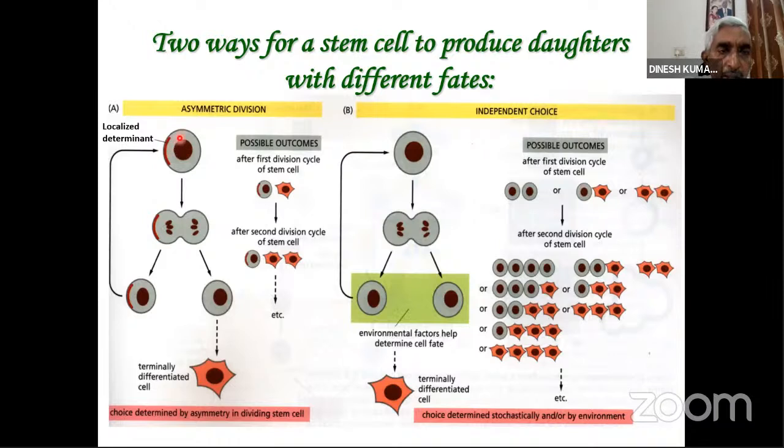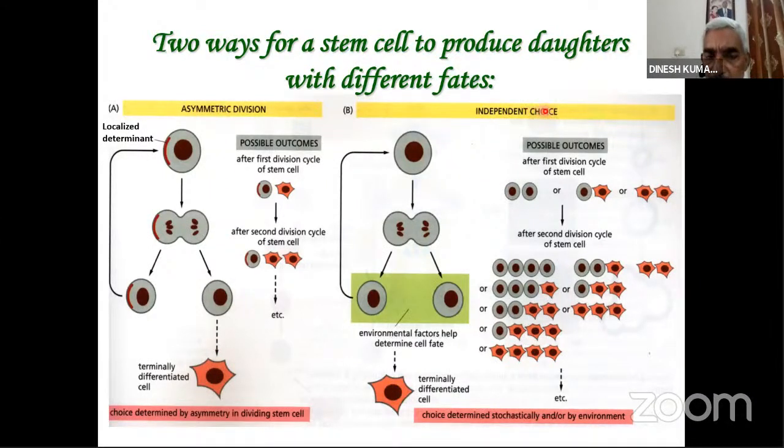Here, when the fertilized egg divides, this determinant is here and it divides into two forms. So the cell containing this determinant becomes a stem cell, and the cell without the determinant will terminally differentiate into the cells to renew that particular organ. So this is called asymmetric division.